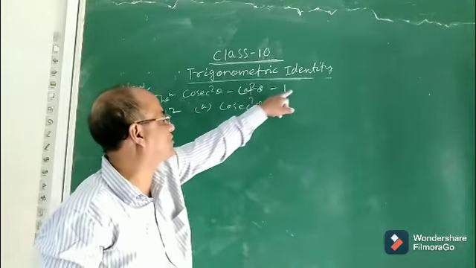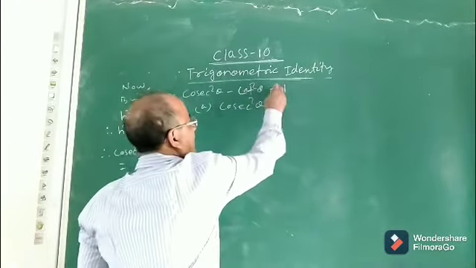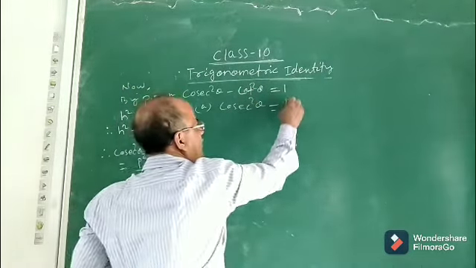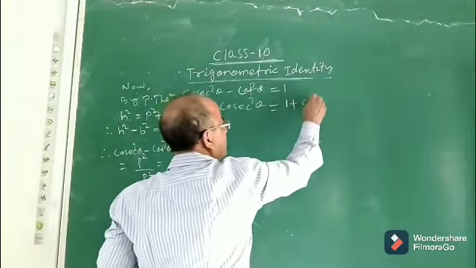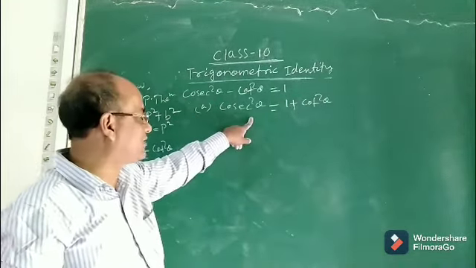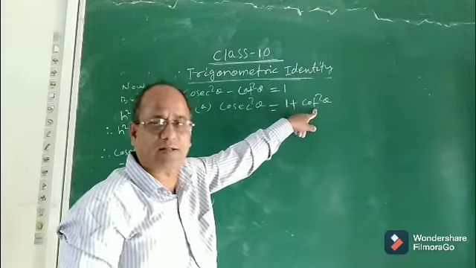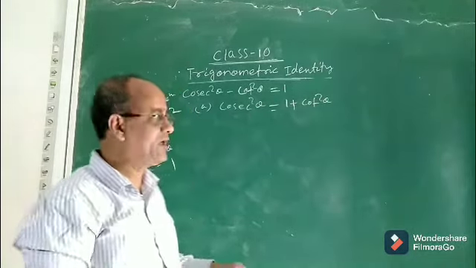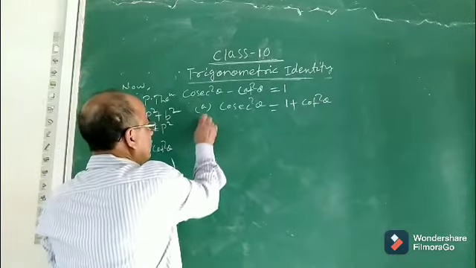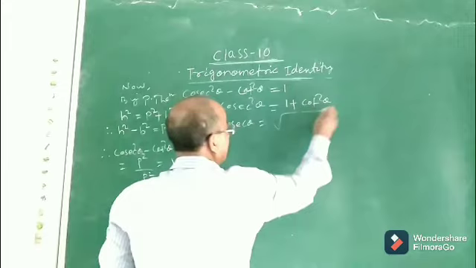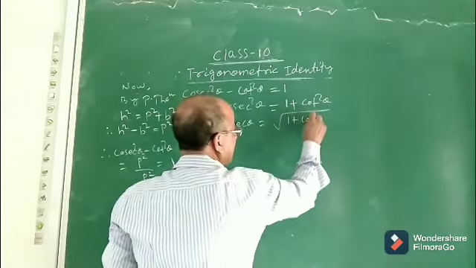Take minus cot square theta to the right hand side. It will be plus, so 1 plus cot square theta. This is the formula for cosec square theta in terms of cot square theta. So cosec theta will be equal to the square root of 1 plus cot square theta.